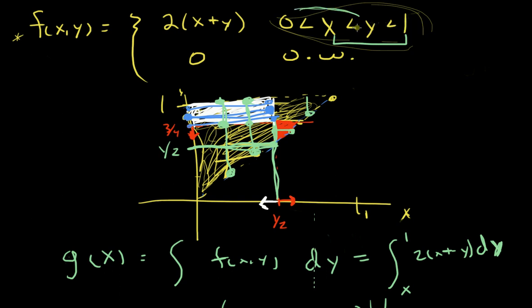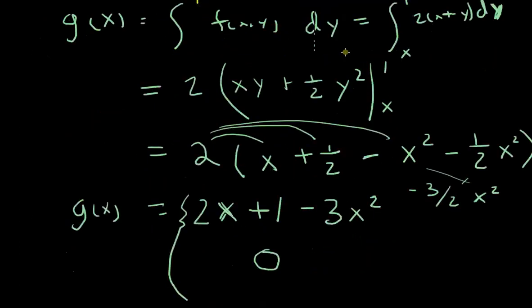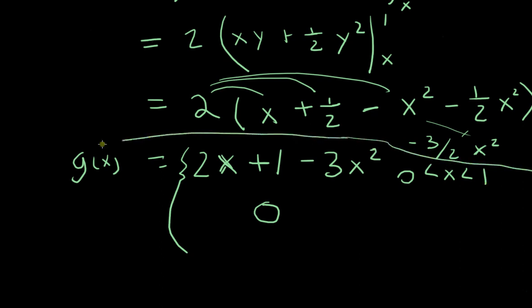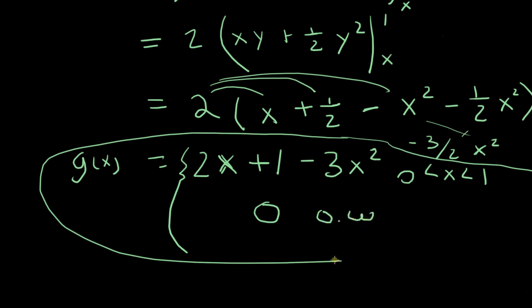No, we've integrated out y at this point. So x is between 0 and 1, okay? And the value of the PDF is 0 otherwise. So do not forget to write your support, right? Okay, so this is the support. Don't forget to write that.